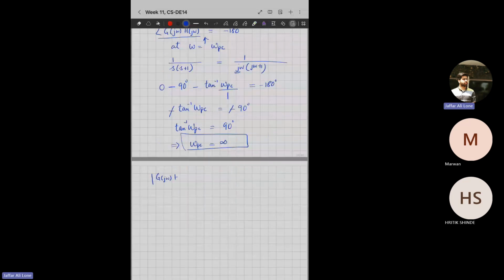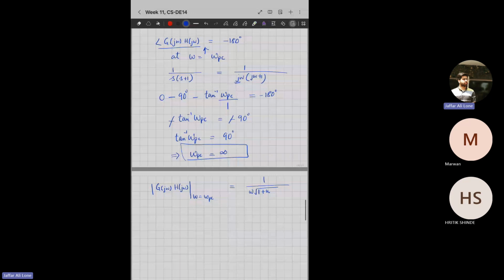Gj omega Hj omega at omega equal to omega Pc is equal to 1 divided by j omega into 1 plus omega square.